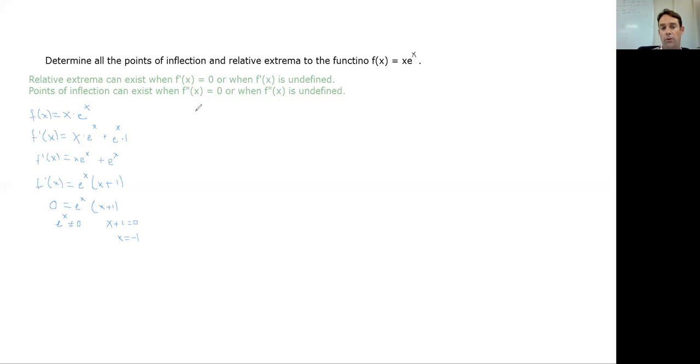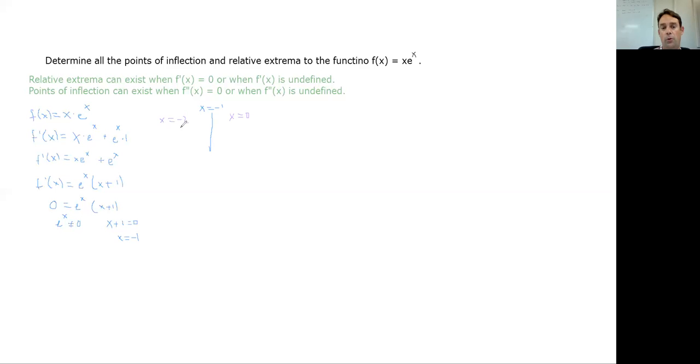Well, let's go through now. Let's find out, does the value of the derivative change at x equals -1? So I'm going to pick a couple of values to plug in here. How about x equals -2 and x equals 0? When I plug these in here, what do I get for my first derivative?